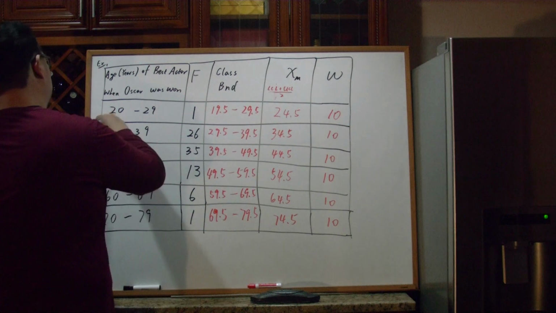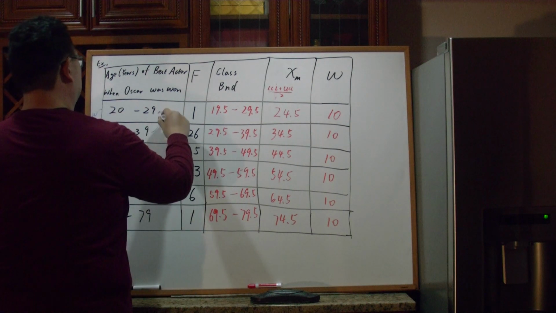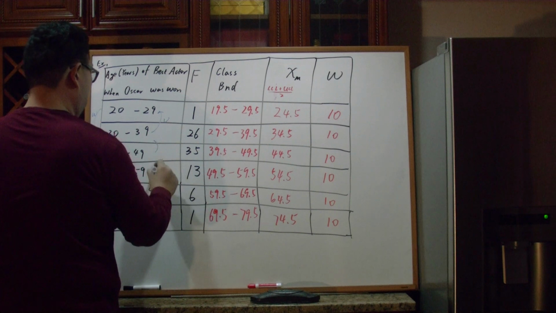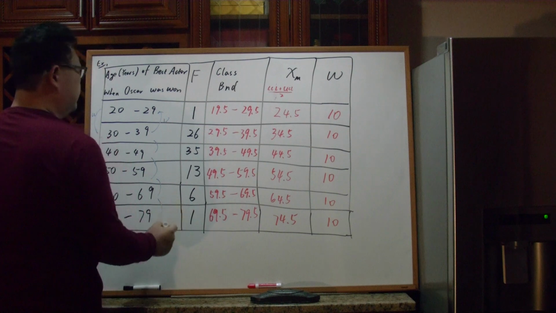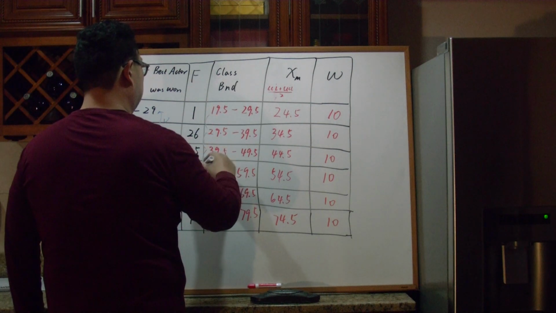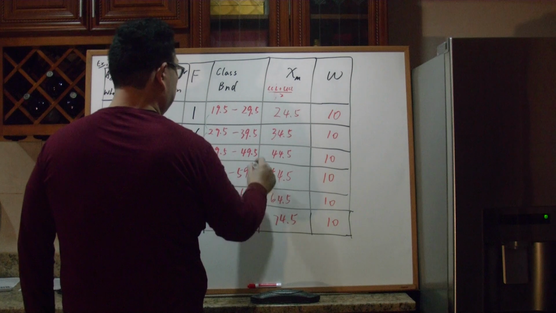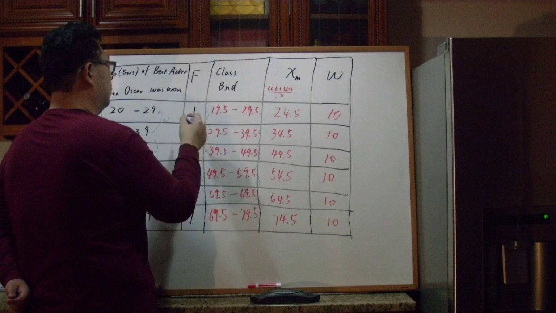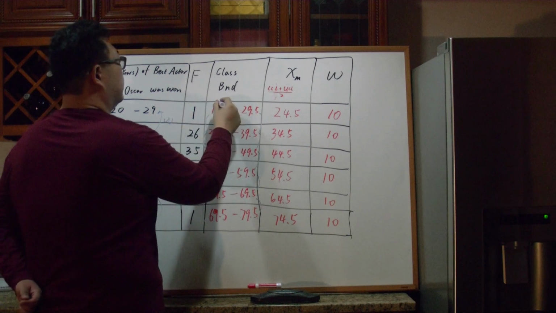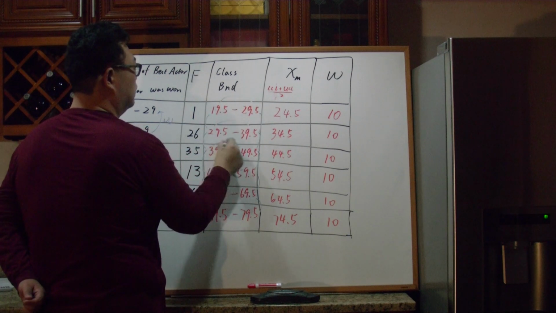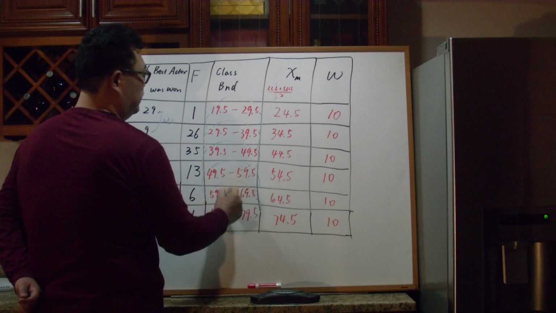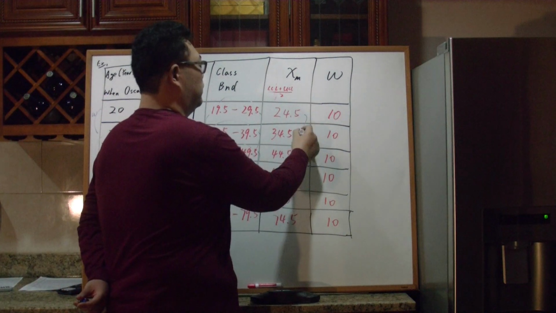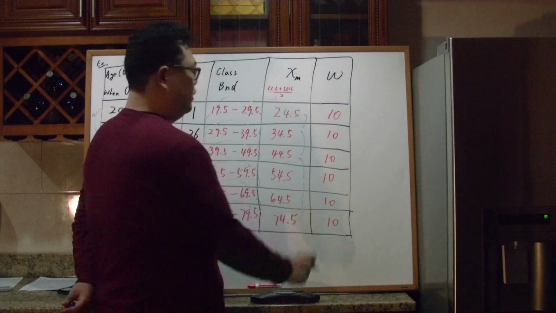If we do it right, the gap between the class boundaries or class limits of two consecutive ones, the two consecutive upper or lower boundaries, should also be the width. Even the gap between the lower and upper boundaries should be the width, and also the gap between the midpoints should be the width as well.